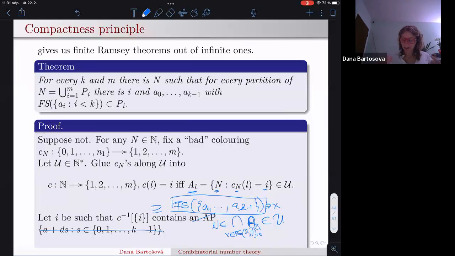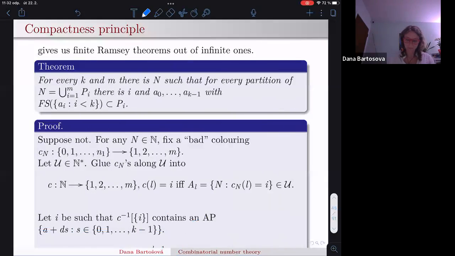Okay, so what I want to say is this is just an example of how you can glue bad colorings, but it's a principle that's used very frequently. It's a neat idea that can show itself very useful.